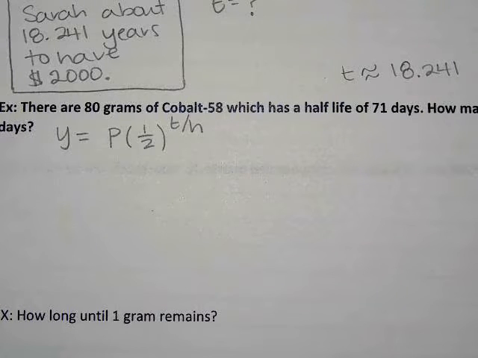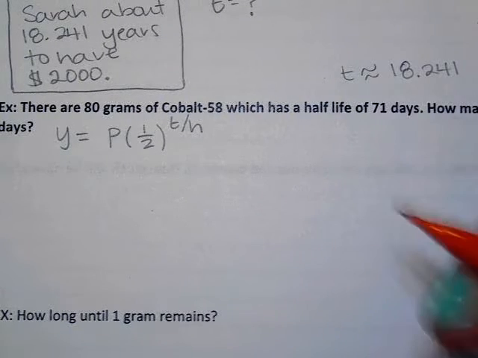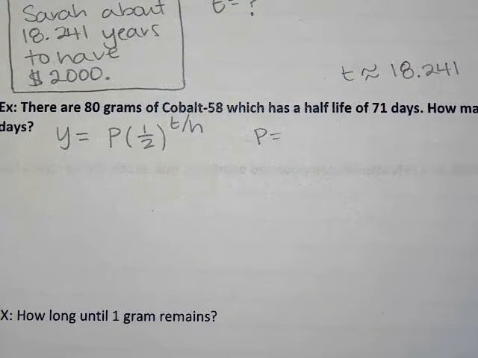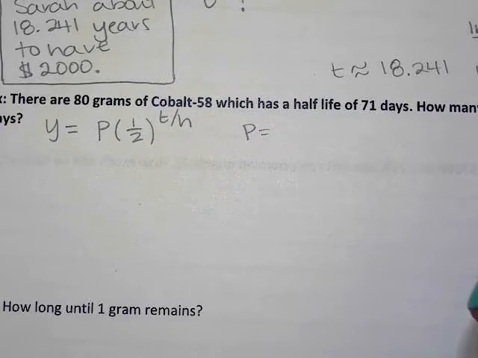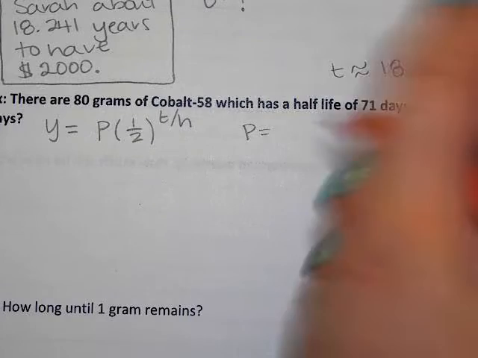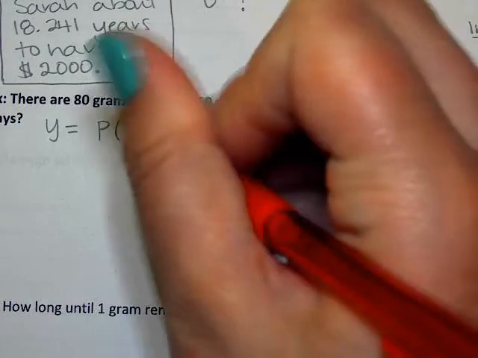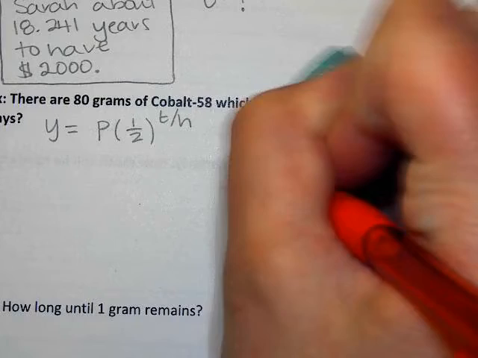And then let's figure out what goes in for each variable. So we have P. What is the P? Yeah, so that's the 80 grams. The 1/2 is just a number, and then what's the T and what's the H?